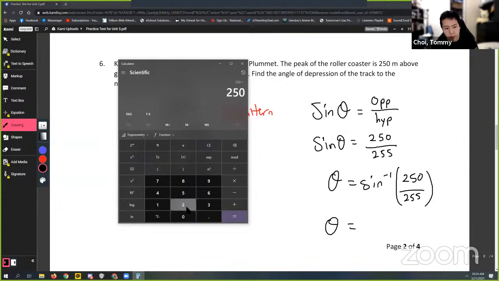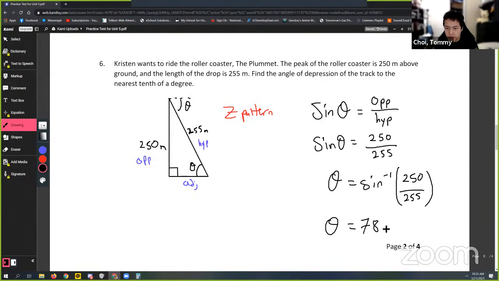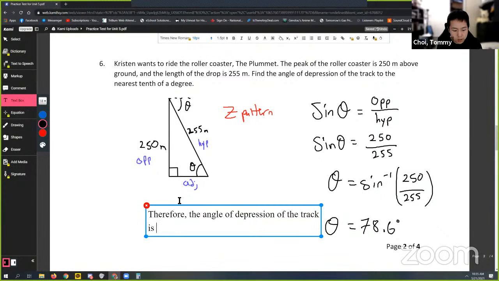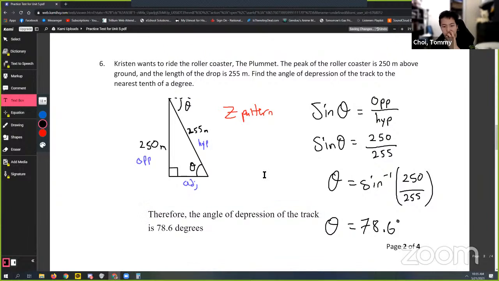So 250 divided by 255, and we sine inverse that, and we get 78.6 degrees. Therefore, the angle of depression of the track is 78.6 degrees. And that would be the answer to this question here.